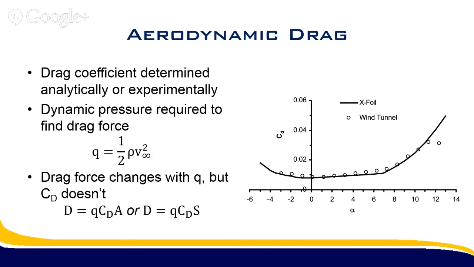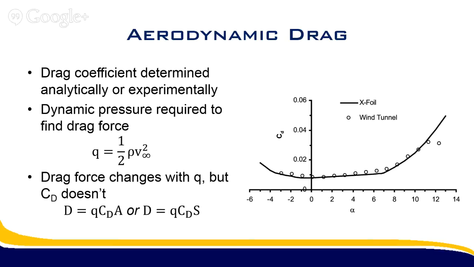So let's talk about drag. When we talk about drag, we like to talk about drag coefficient because it's a non-dimensional number. It's normalized, so it describes the ratio of the drag force and the pressures that cause those forces.